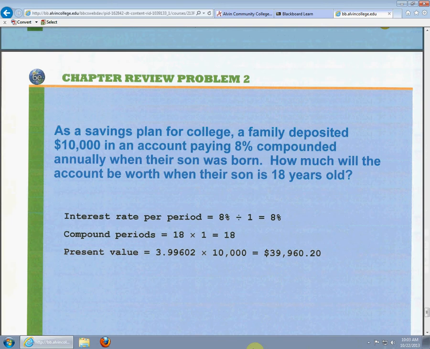So are we going to use present value tables or future value tables? Future, correct. Remember, the first thing you need to do is determine the percentage per period, the number of periods, and then find your factor.